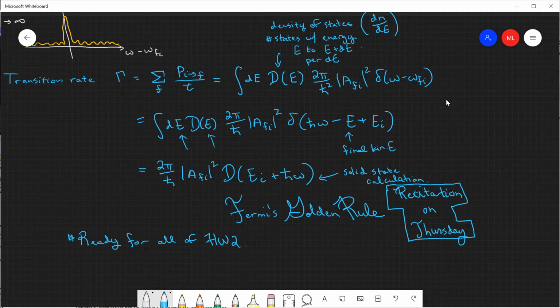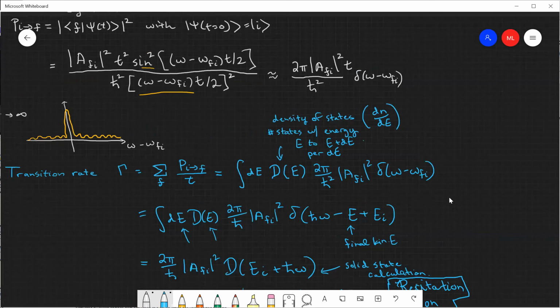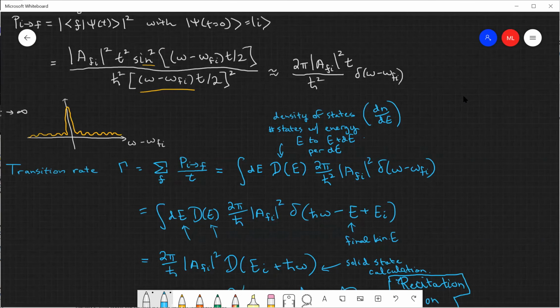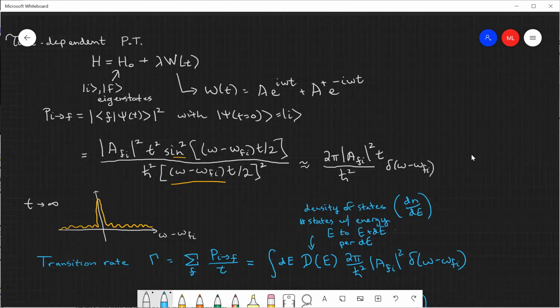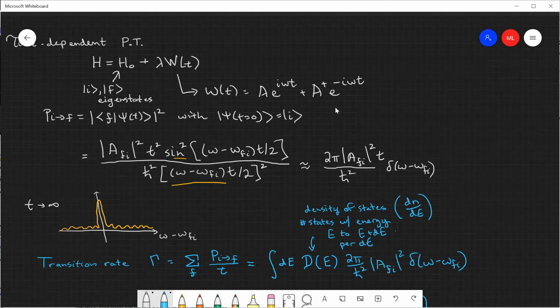Sure. So the application would be, say you have a particle in a bound state, and say you perturb it with some electromagnetic radiation or some oscillating electric field. You can rewrite the electric field.